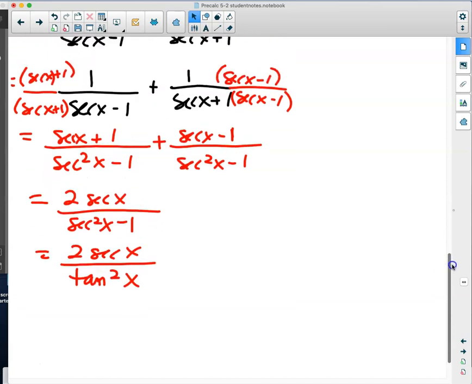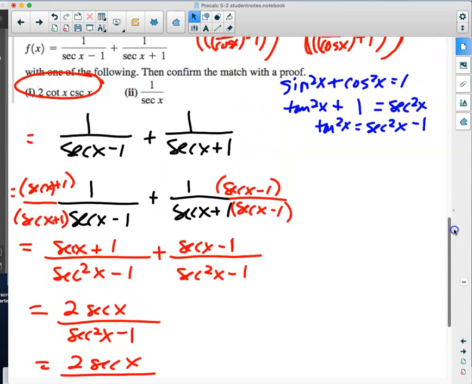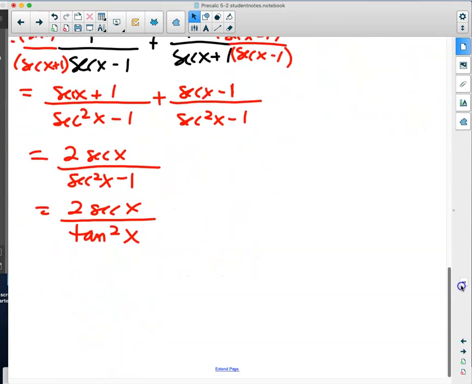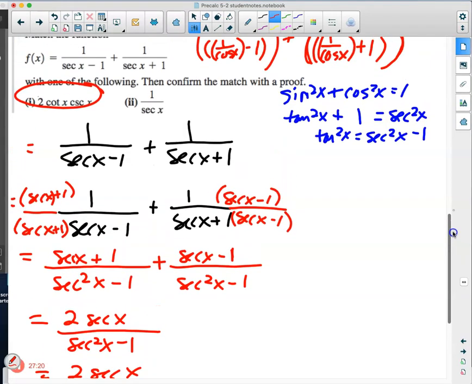Well, we got to break it apart so that we'll have cotangent and cosecant. So every once in a while, it's not a bad idea to do what we call an educated cheat. And this part, again, is something you'd probably erase.